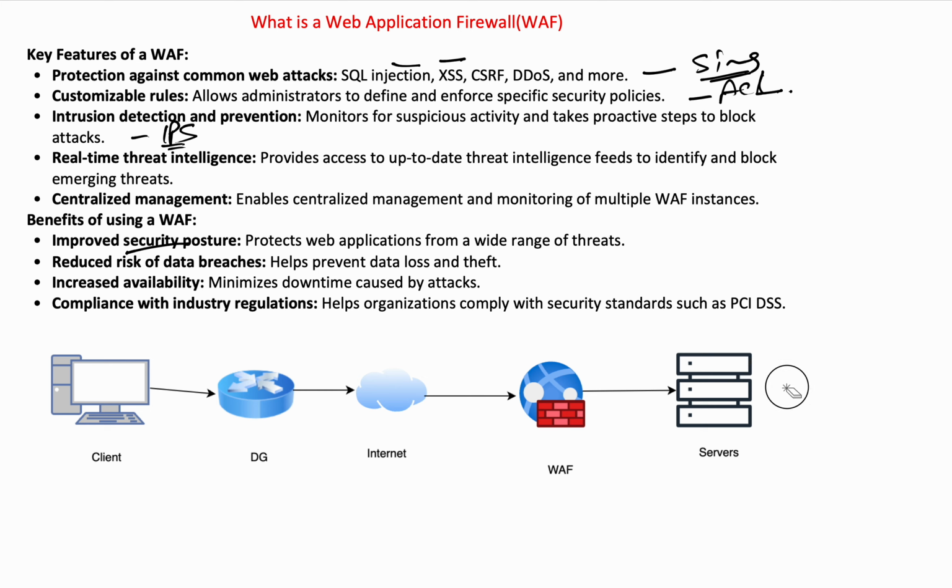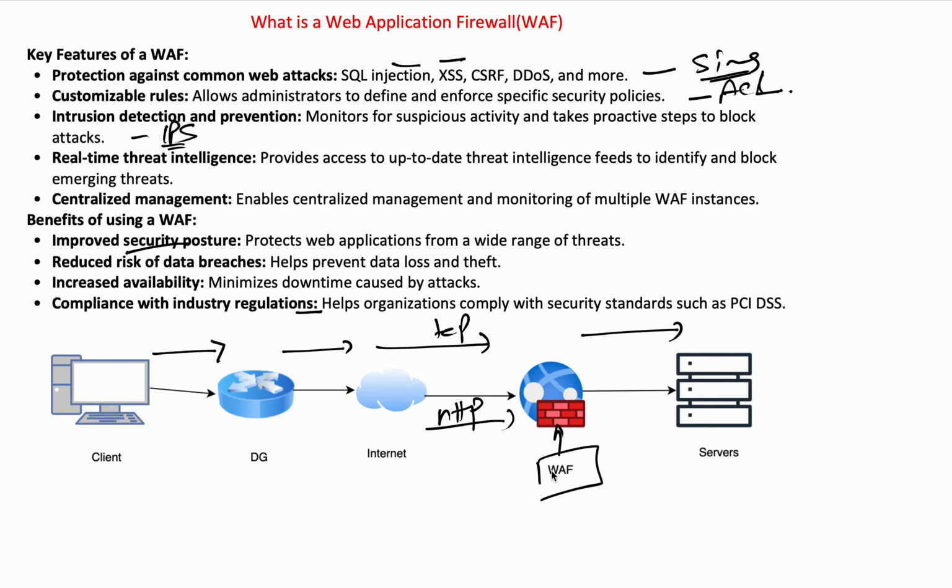But yes, if you are part of the implementation or deployment team, you know how important this is. When you try to reach the server, the traffic goes to your default gateway, then to the internet, then to the WAF. For other TCP packets, it'll let you pass. But if you have an HTTP or HTTPS packet, it will inspect it against its repository.